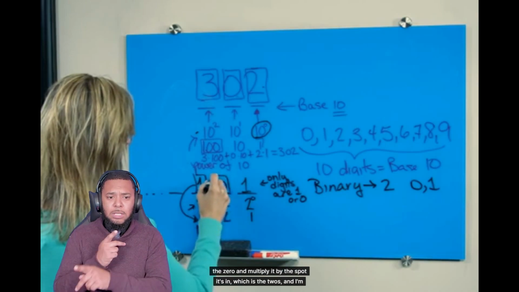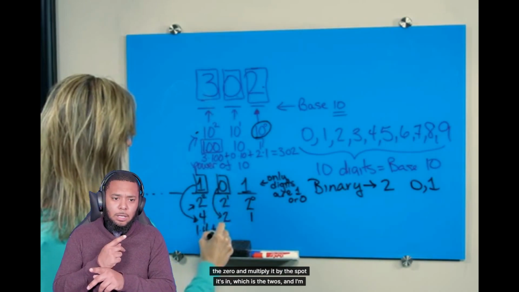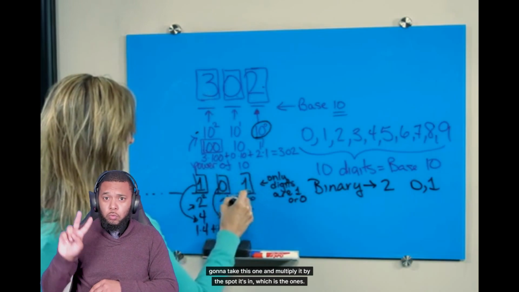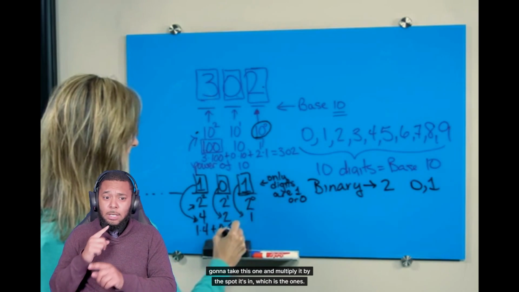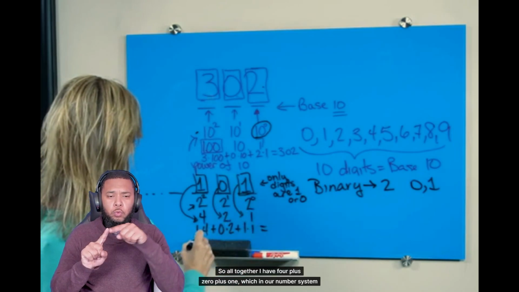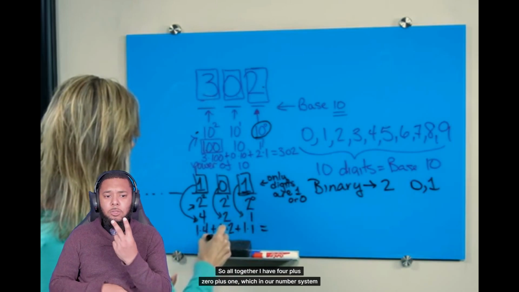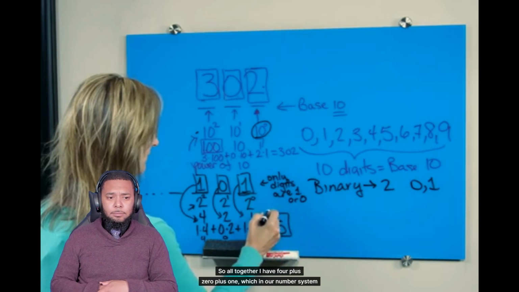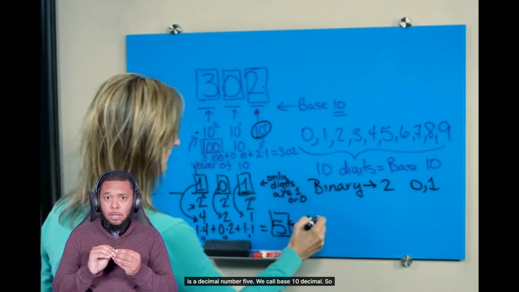Plus, I'm going to take this 0 and multiply it by the spot it's in, which is the 2s. And I'm going to take this 1 and multiply it by the spot it's in, which is the 1s. So altogether, I have 4 plus 0 plus 1, which in our number system is a decimal number 5.